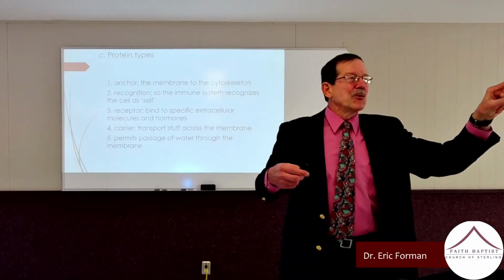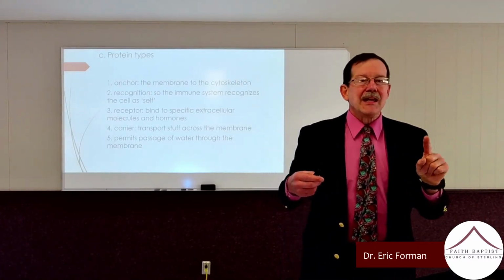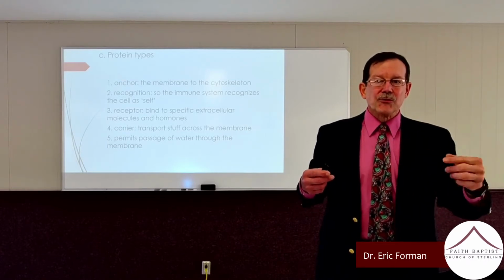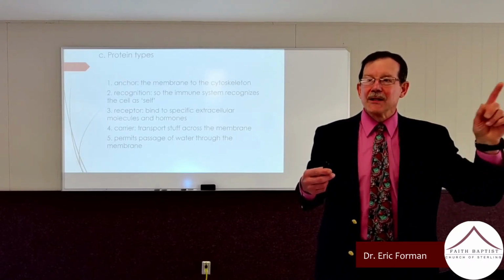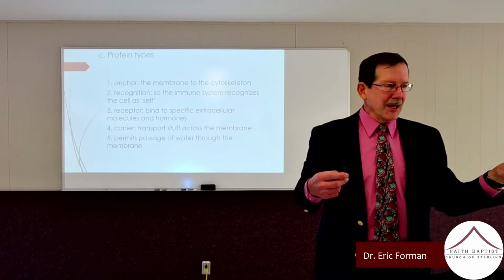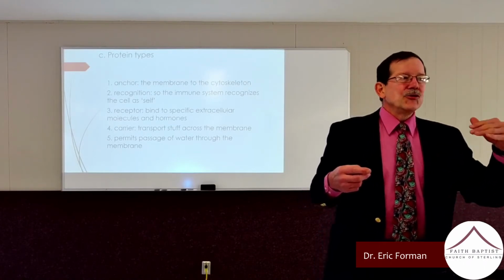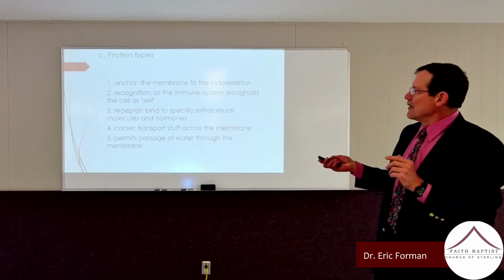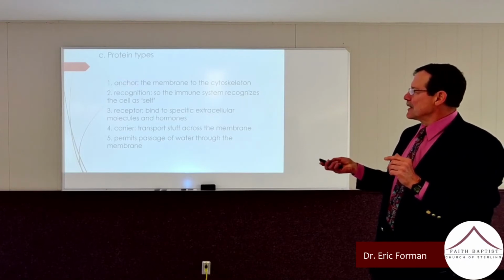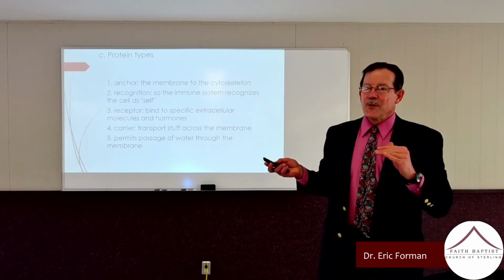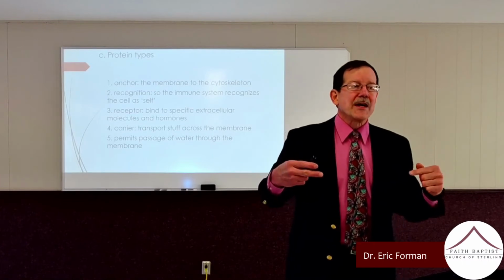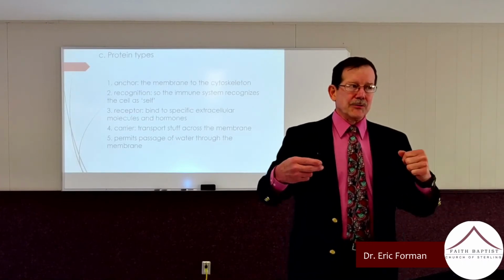If he doesn't have the right surface protein, he is non-self. As a white blood cell, what am I going to do to him? Eat him up. I'm going to take him out. Do you follow me? So first, you have anchor proteins, then you have recognition proteins, so that the white blood cells know if they are self or non-self.